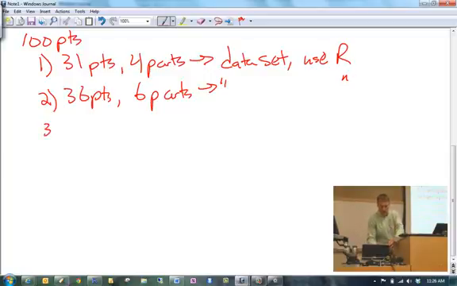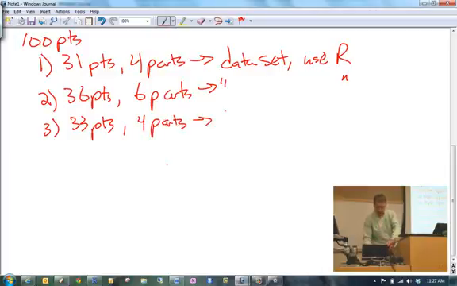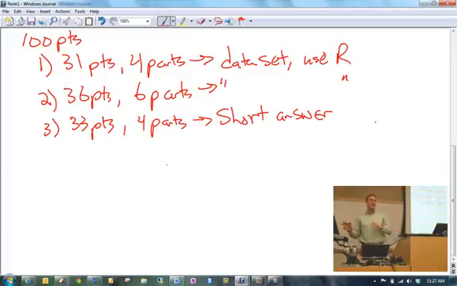And then lastly, problem number 3 is 33 points, 4 parts, and these are all short answer questions where these parts are not necessarily connected in any way. So part A has nothing to do with part B and so on.